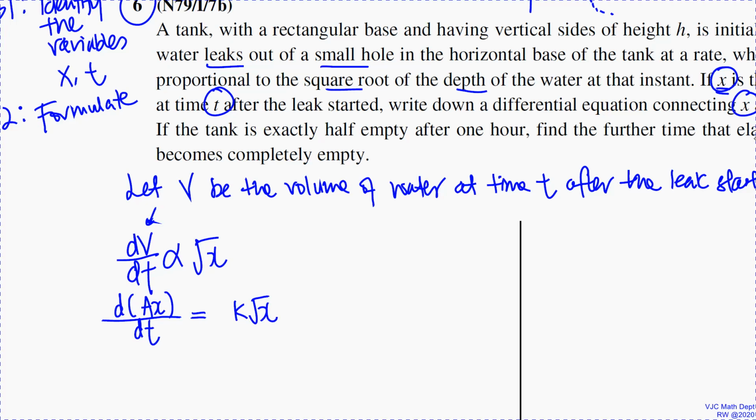That is not wrong, but water actually leaks out of the hole. So can I say dV/dt is positive or negative? You must observe that it is actually negative. I write it like that, and I make a note that k is larger than 0. k is a positive number.